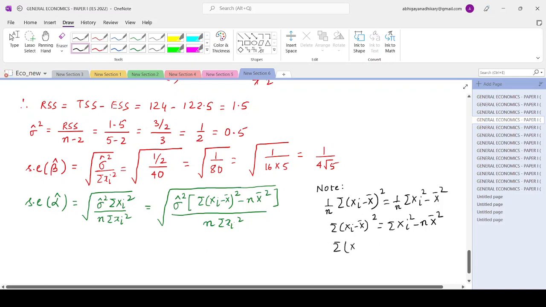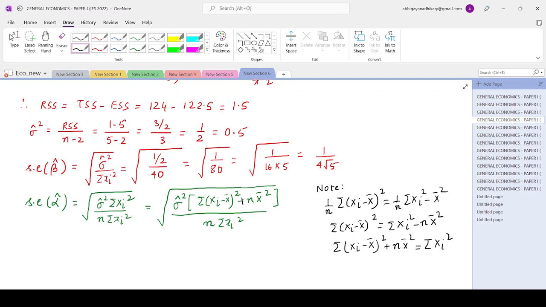So summation capital Xi minus x bar whole square plus n x bar whole square will be summation capital Xi square. Sorry, it will be plus over here. Okay, this makes sense. So now you can easily just substitute the values.